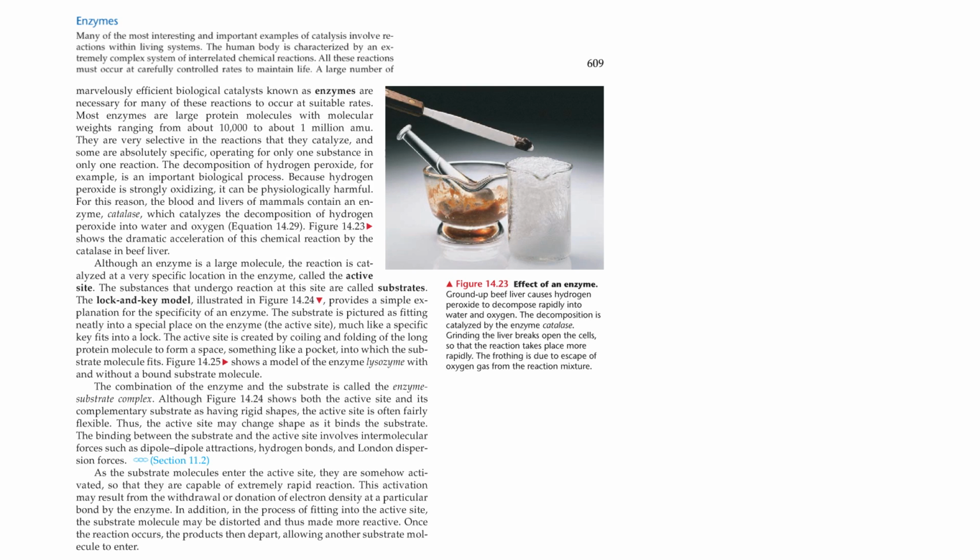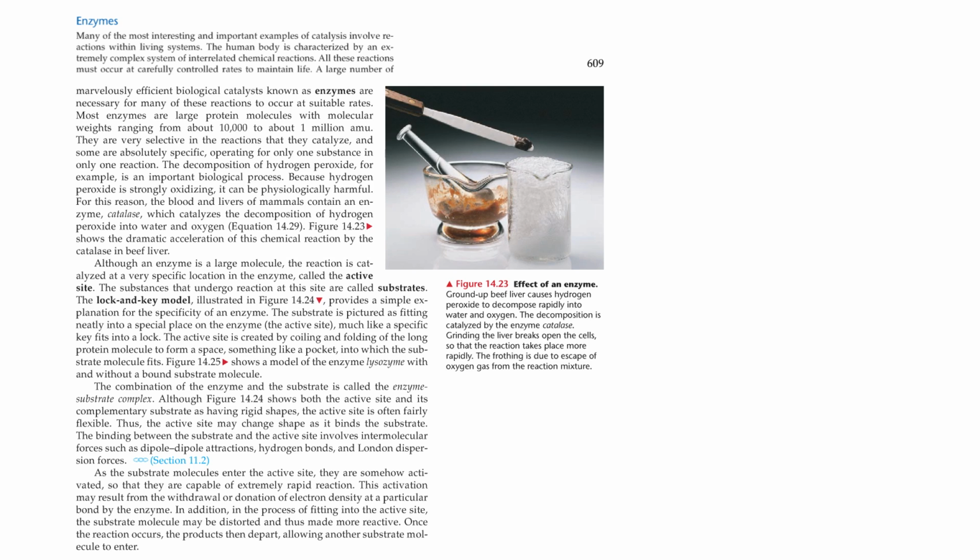A large number of marvelously efficient biological catalysts, known as enzymes, are necessary for many of the reactions to occur at suitable rates. Most enzymes are large protein molecules with molecular weights ranging from 10,000 to about 1,000,000 atomic mass units. They are very selective in the reactions that they catalyze, and some are absolutely specific, operating for only one substance in only one reaction.